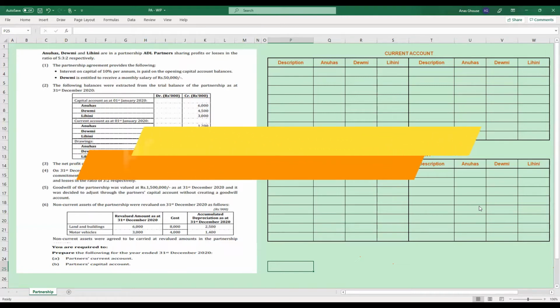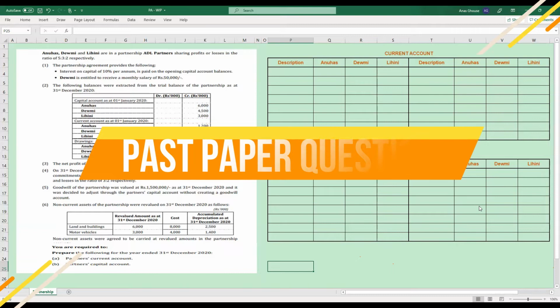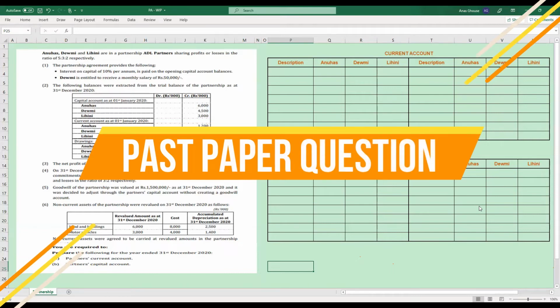We need to prepare current accounts, capital accounts, and the income statement and appropriation account to calculate the net profit and distribute it among the partners. Now, in this regard, I have selected one question from the past papers.